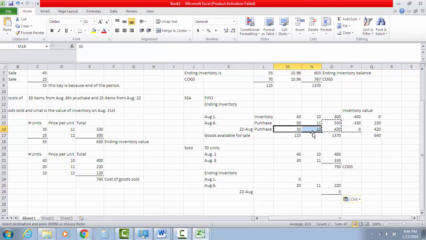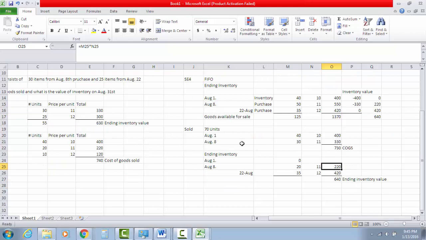And then we actually didn't sell any of the August 22nd, so we have all of those units, and that is the ending inventory value. Now, you can use either method as long as you can identify to me which amount, what the cost is. So basically, the fact that you have 20 units, the cost is $11, and that costs $220 in the ending inventory value. You can use either method.